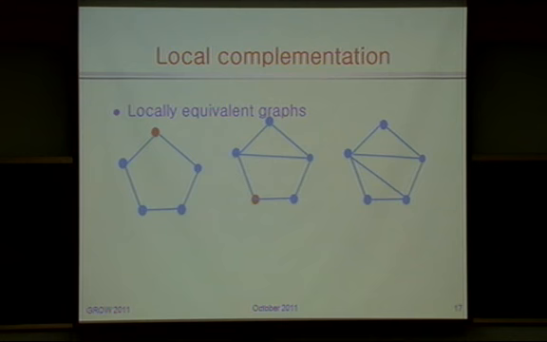Then if we complement the same vertex again, we go back, of course. If we do local complementation with respect to one of the vertices of degree 3, we get the same graph, so we do it on the third one, and we get the third graph. And these are all locally equivalent graphs to C5.